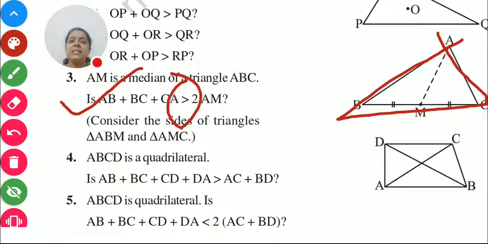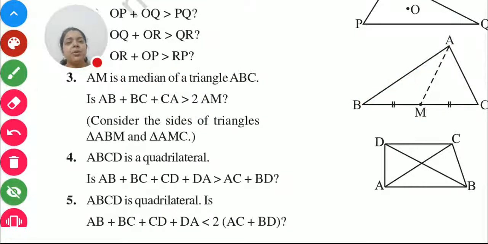So now let's see. You have to understand this in a very easy way. When you draw this, it is an entire triangle ABC. When you drew a median over here, you found that there is a line over here which is called a median. But this median is actually dividing the entire triangle into two different triangles.